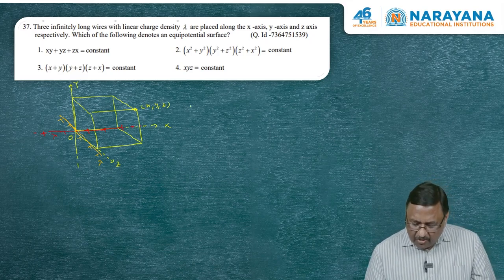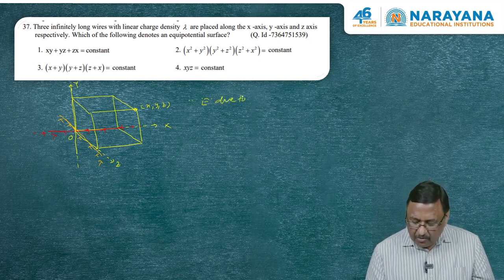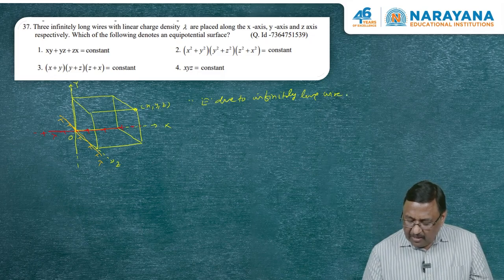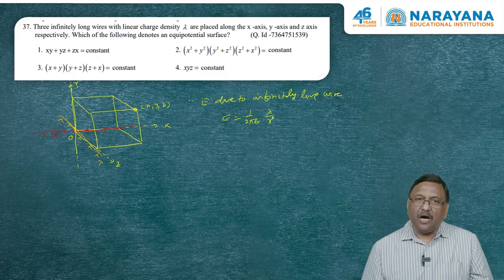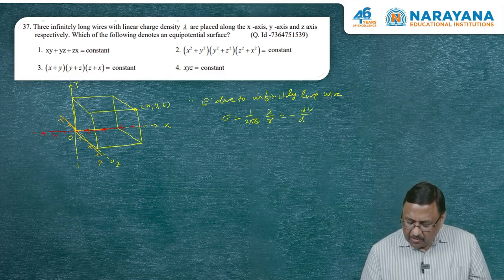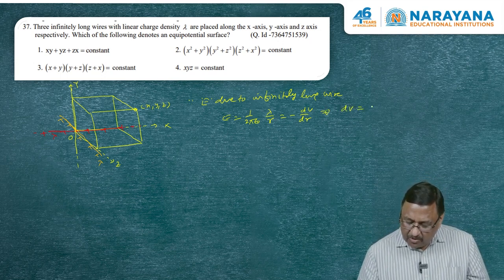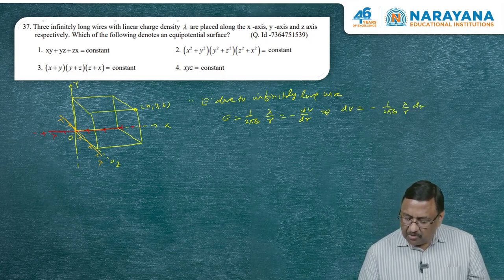You know very well, in electrostatics, the electric field intensity due to an infinitely long wire, by Gauss law, we can write E is equal to 1 upon 2 pi epsilon 0 into lambda upon r. r is the perpendicular distance from the wire, and again E is equal to minus dV upon dr. Writing from here, dV is equal to minus 1 upon 2 pi epsilon 0 lambda upon r into dr.